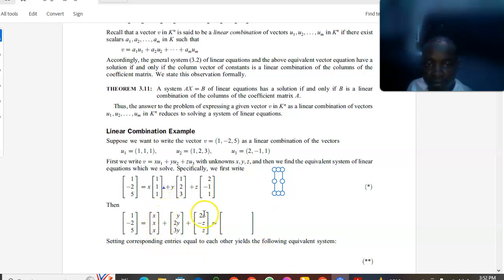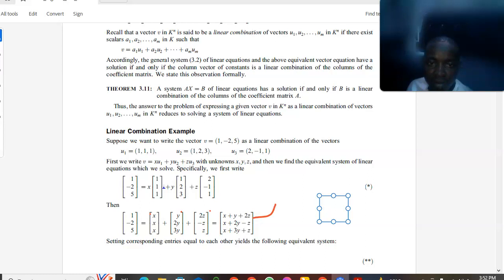x plus y plus 2z, x plus 2y minus z, x plus 3y plus z. So that's what we have here. x plus y plus 2z, that's what we have here.